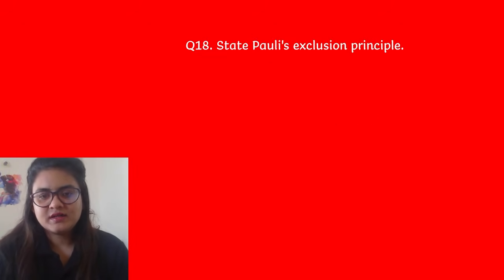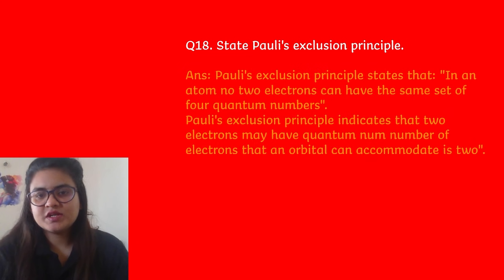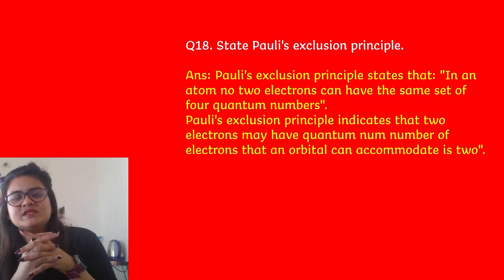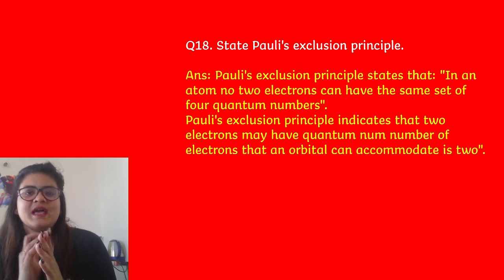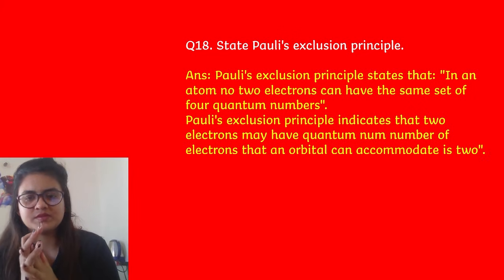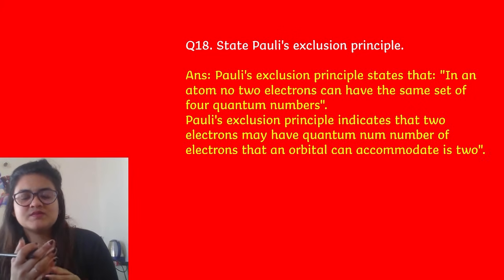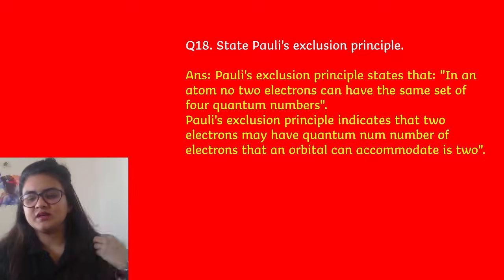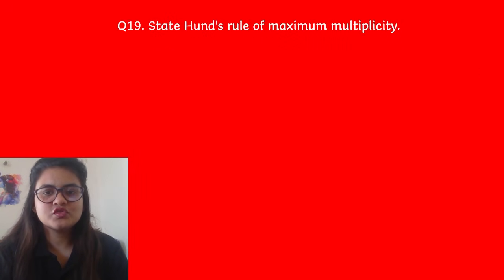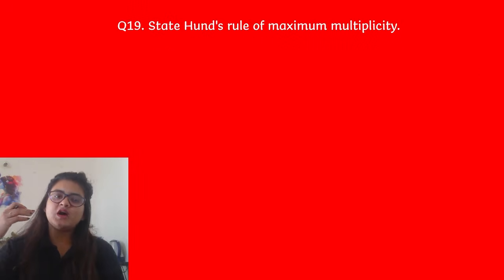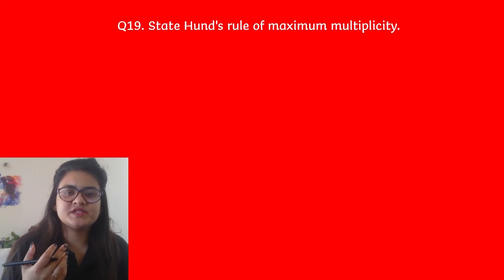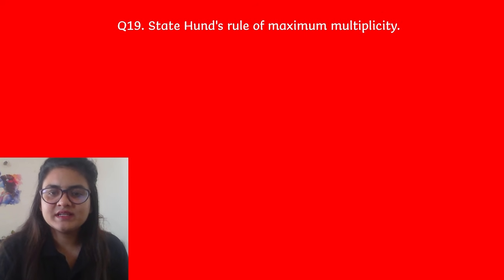Okay, so let's proceed. Pauli's exclusion principle means no two electrons can have the same set of 4 quantum numbers. Even if all 3 are the same, the last, spin quantum number, must be different. Next, Hund's rule of multiplicity. All 3, Aufbau principle, Pauli's exclusion principle and Hund's rule, are important.